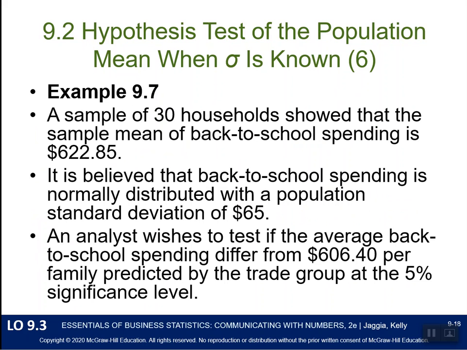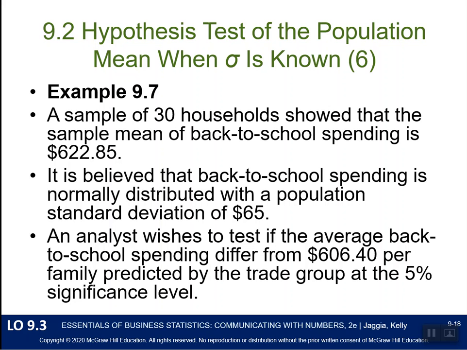So here we have an example. We have a sample of 30 households that show that the sample mean of back to school spending is $622.85. We looked at this data in the first video. It is believed that back to school spending is normally distributed with a population standard deviation of 65.